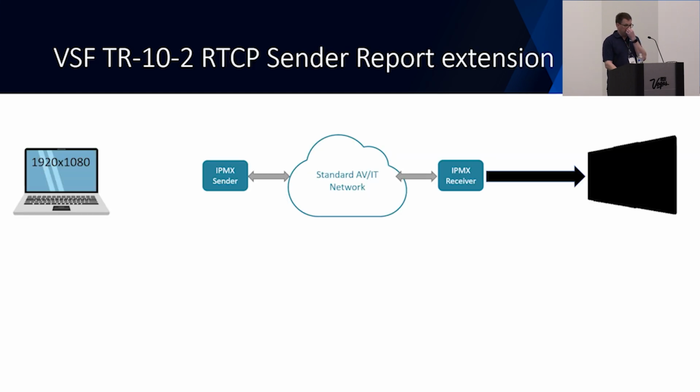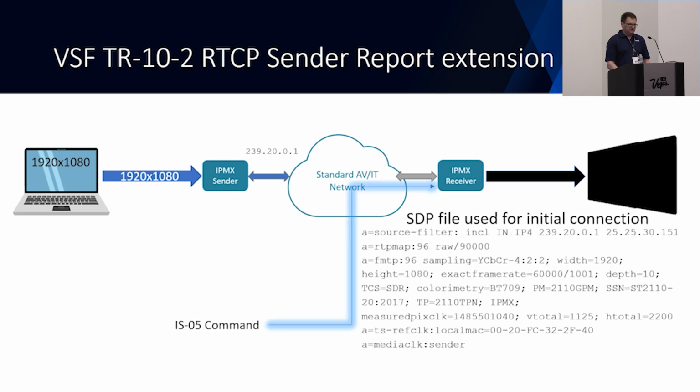Okay, let's go to a practical example. So let's say that today here I'm doing a presentation with my cheap laptop, supporting only HD resolution. I plug my HDMI out into an IPMX transmitter. It starts to stream. We go through the SDP file exchange, so the transmitter can tell the receiver, this is my resolution, these are my capabilities.